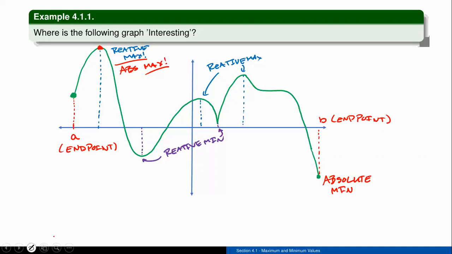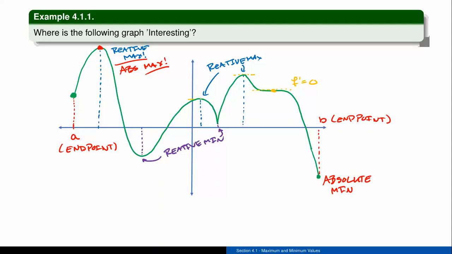There is this weird little squiggle that's taking shape. If you look at this, this is actually a point where the derivative is equal to 0. And that's a really interesting thing, because all of the other points where the derivative is 0 are identified as something else. Right here where I have my relative max, there's a derivative of 0.